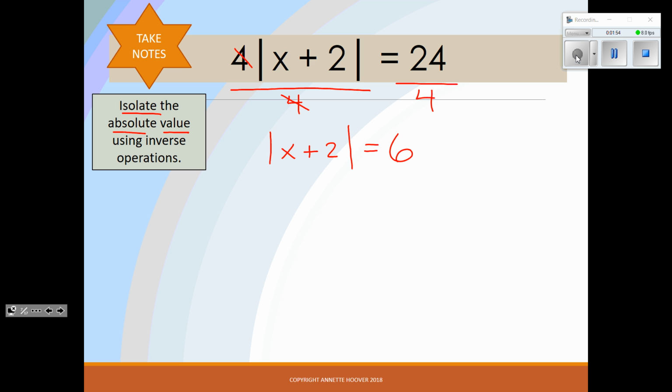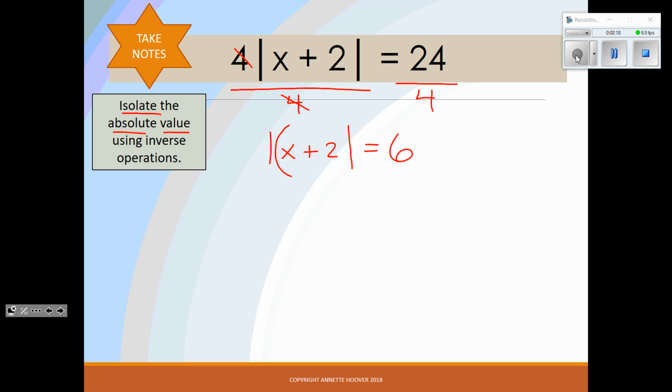Now that we have the absolute value by itself, remember on the previous slide we had this set up. This number inside could have been 4 or negative 4 because both of those have the absolute value of 4. So what we're going to do now is set up two equations.